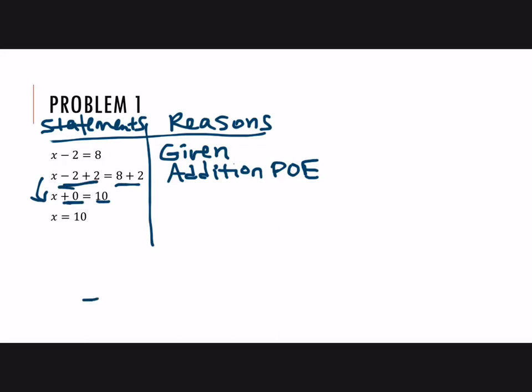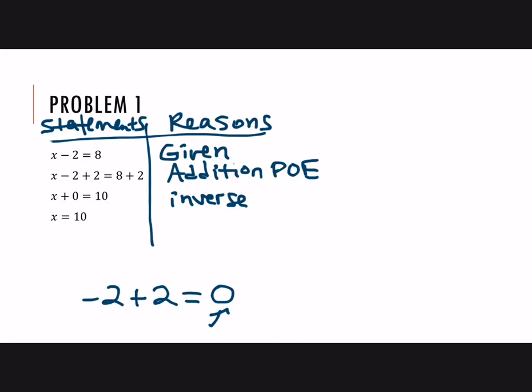So if I pull that part out, what I'm really asking is, is there a reason that I can use to explain why -2 plus 2 equals 0? Well, yes, it's sort of just addition, but this is one of the special answers. So look for addition problems that have 0 as an answer, and you may recognize this from properties of real numbers. This is the inverse property. So this works because -2 and 2 are inverses.